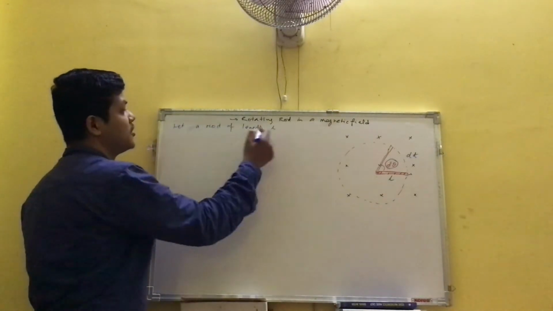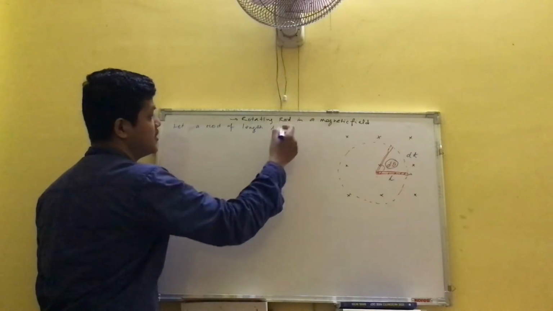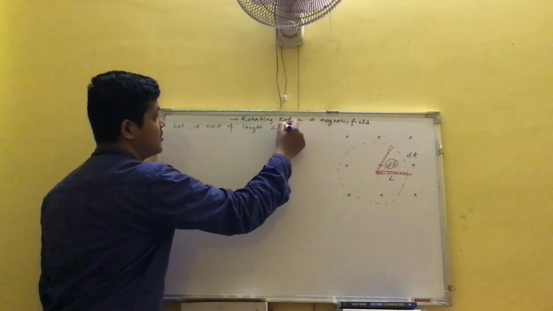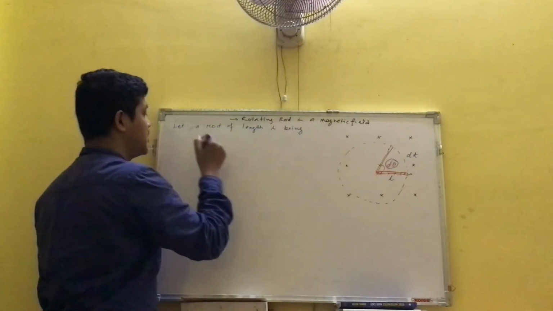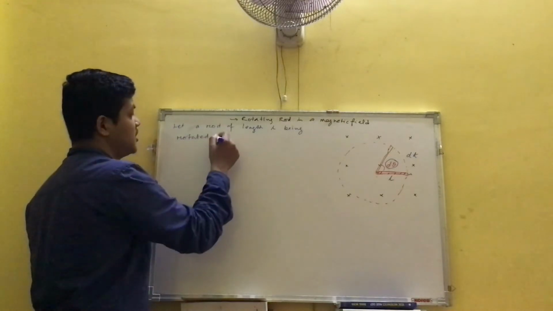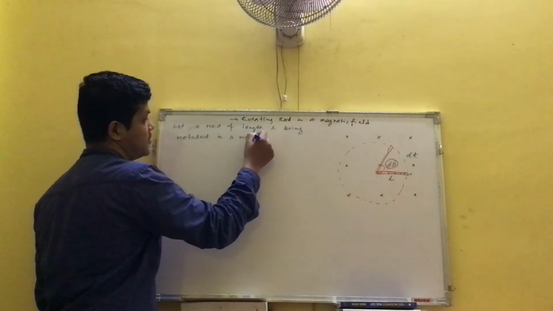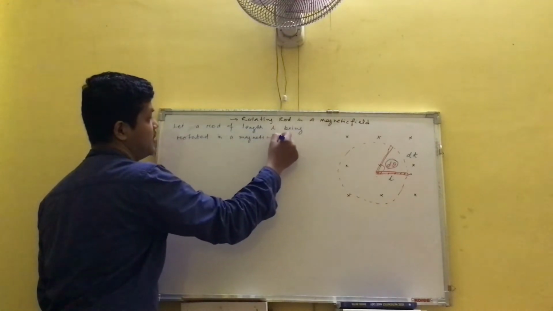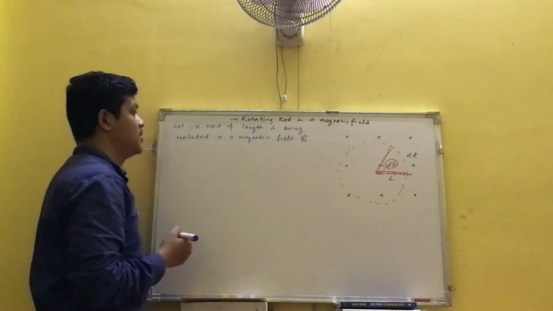So let a rod of length L be rotated in a magnetic field B.